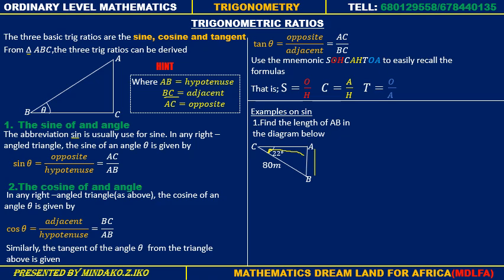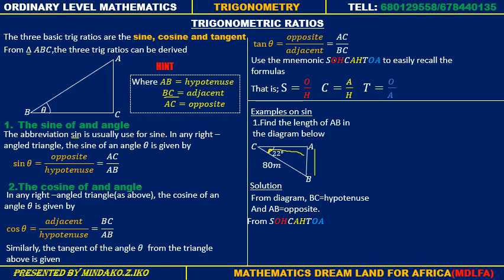Now let's go back to SOHCAHTOA. Anyways, I'll explain as I solve. You notice that from the diagram, BC equals the hypotenuse and AB equals the opposite. Now from SOHCAHTOA, we have from the right angle triangle that we are looking for the length AB, and the length CB is given.